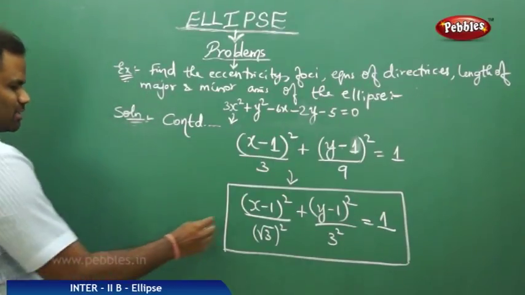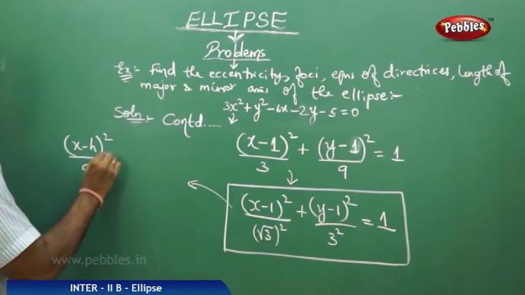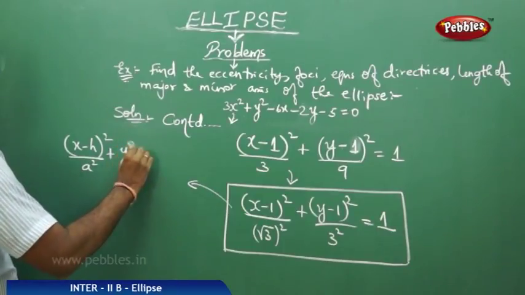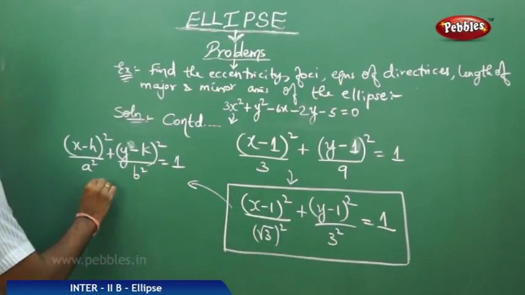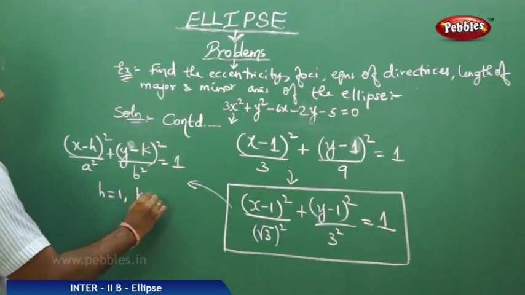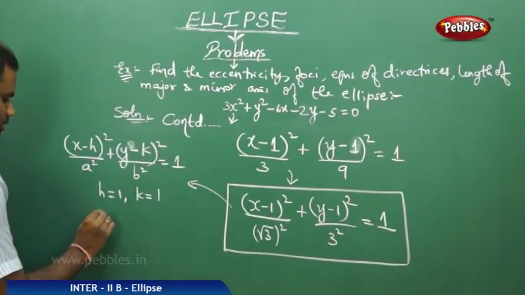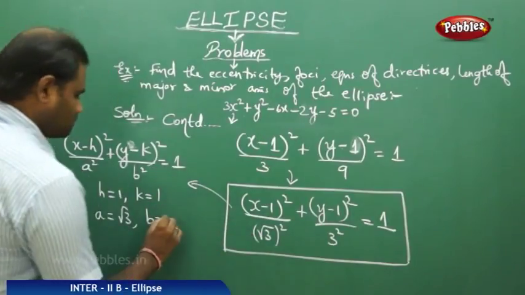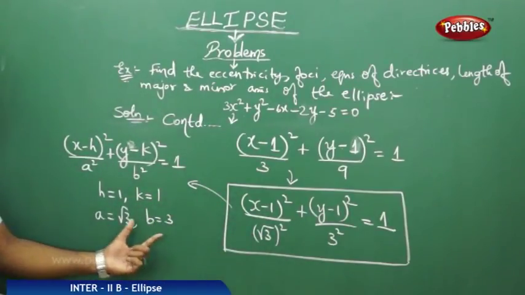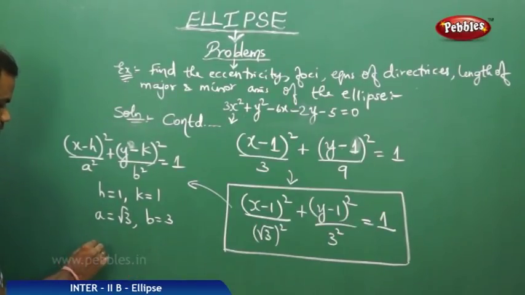Now here I clearly see that if I compare this equation with (x minus h) whole square by a square plus (y minus k) whole square by b square equal to 1, then I have h equal to 1 and k equal to 1, and a square is root 3 whole square. Therefore a is root 3 and b is 3. Clearly, a is root 3, which is approximately 1.7, and b is 3. Therefore b is greater than a.